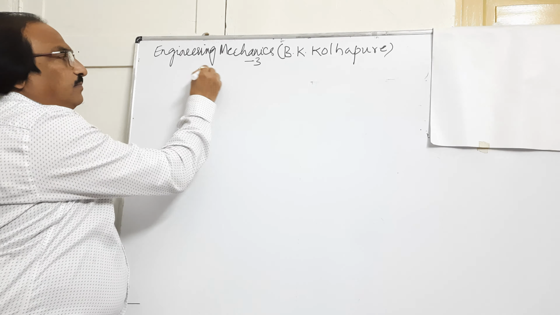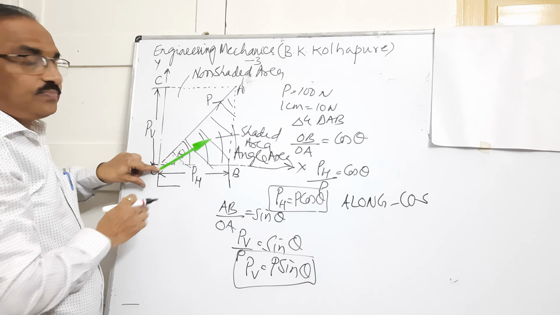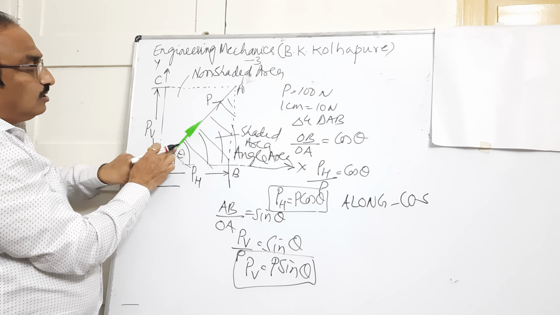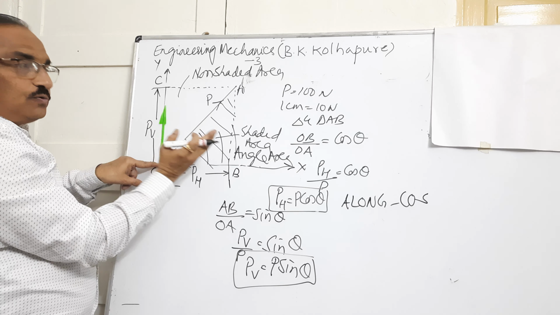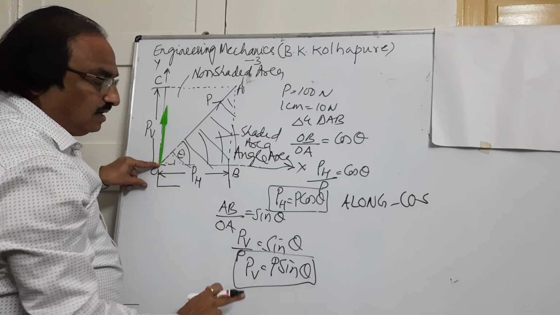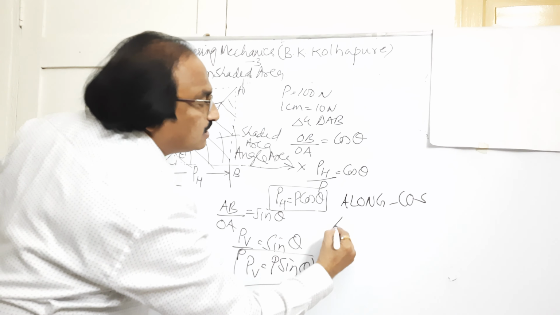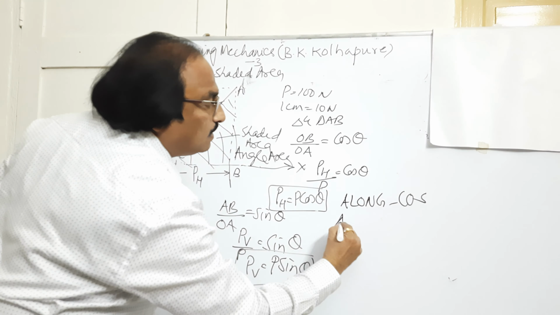So whenever I go along, A-L-O-N-G, along the angle, the resolution of that force is cos. Now same, if I resolve the force vertically, I am going away from the angle. So whenever I go away from the angle, the resolution of that force is sine.